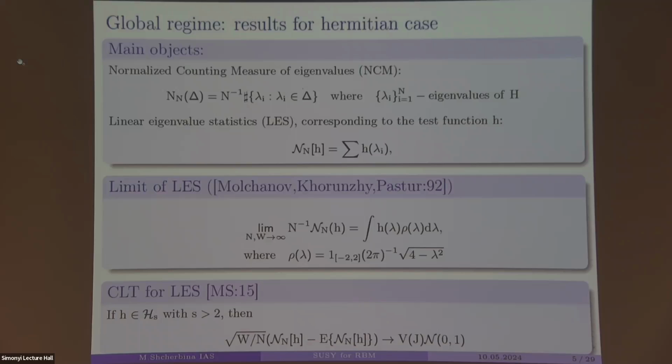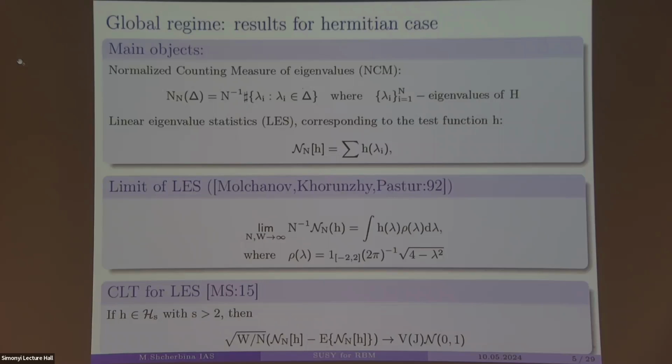Of course, it's a random variable because lambda_i are random. So this sum is random. And again, what is the limit? What is the variance? Is there a CLT and so on? These questions are the main ones in the so-called global regime.